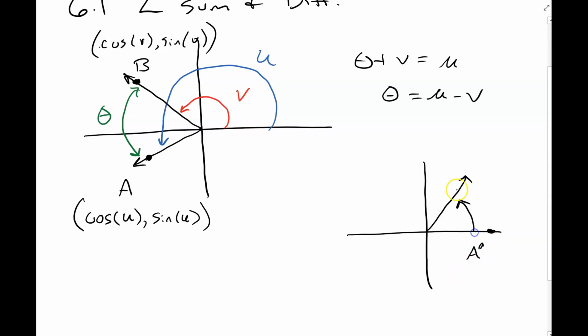And I'm going to label the points here A prime and B prime. So A prime is just going to be (1, 0), right? Everybody's okay with this idea? And B prime then would be cosine theta, comma, sine theta.